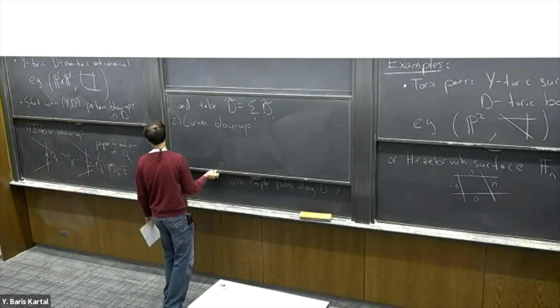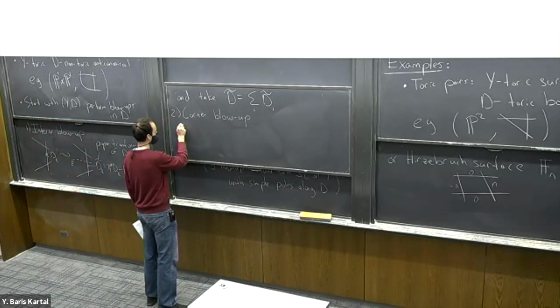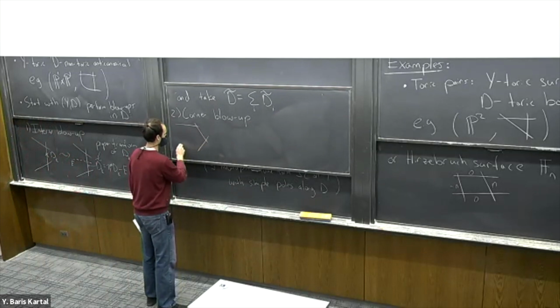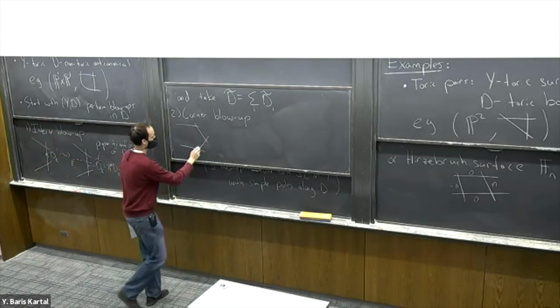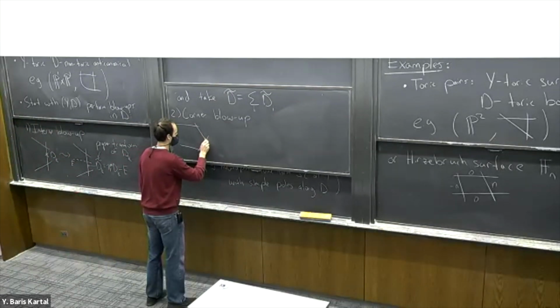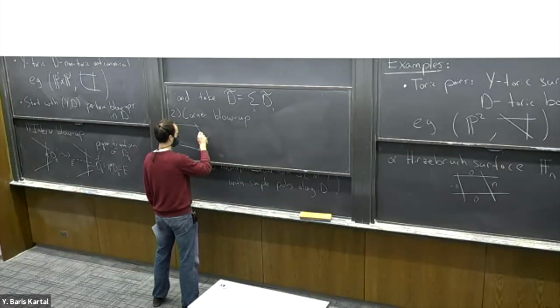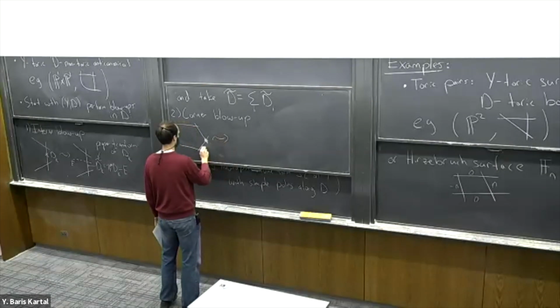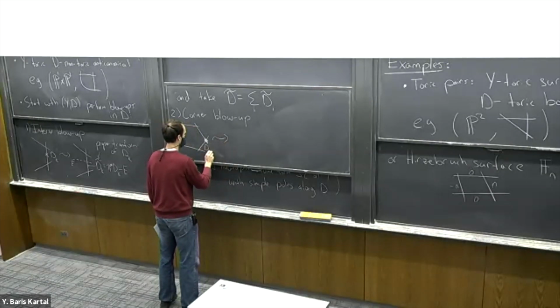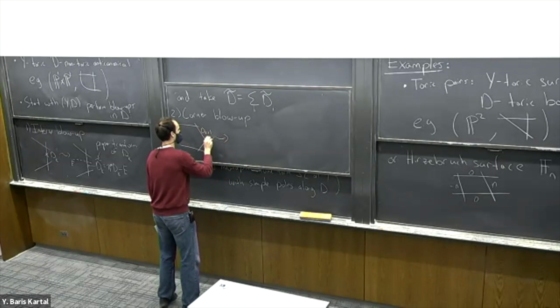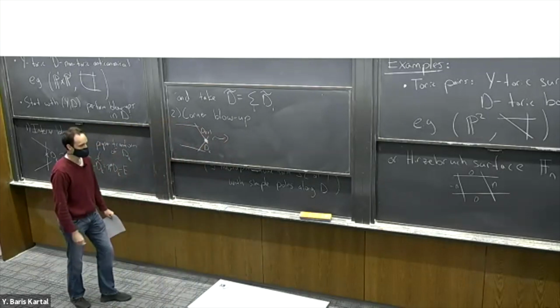Okay, and then the picture for this, of course, is I have something going on in my cycle of curves, and I blow up at this point. So here I have Dk and maybe Dk plus 1. And both of these are now going to get some exceptional locus.